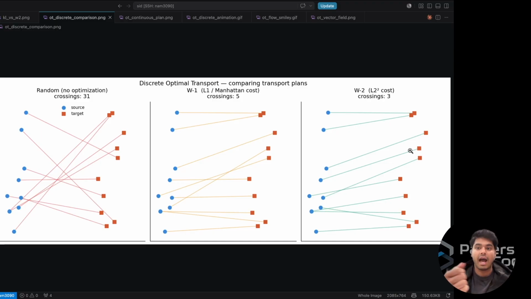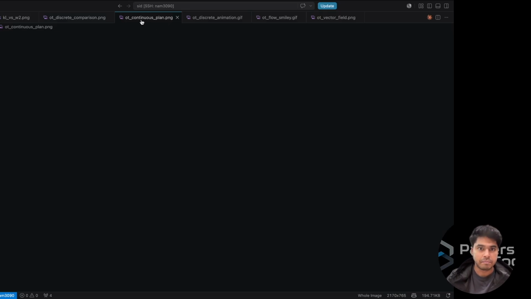So the coupling plan which we create is, as I said, we can have many coupling plans to transport from one place to the other, but the main thing we need to do is to minimize the cost. So the metric you use for cost will often define what the most optimal transport plan is, right? And with different plans, you can get different optimizations.